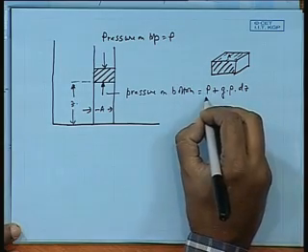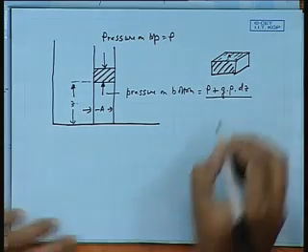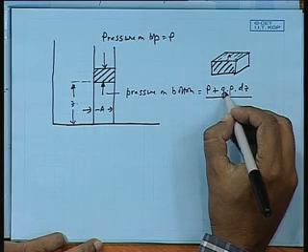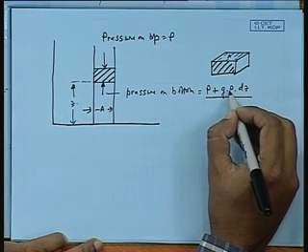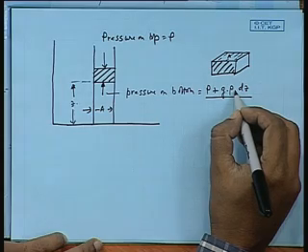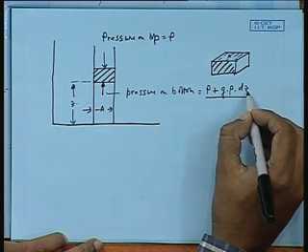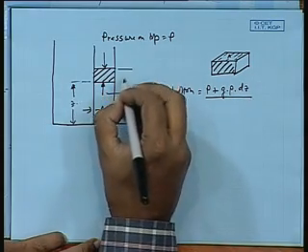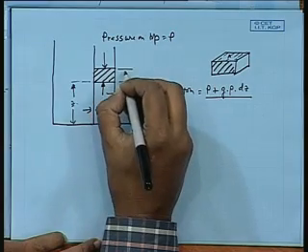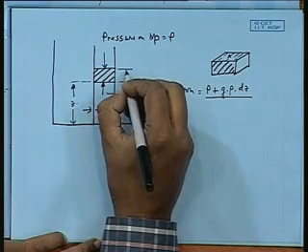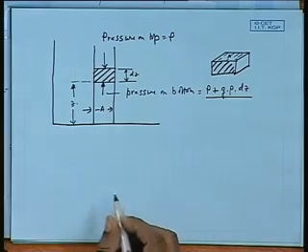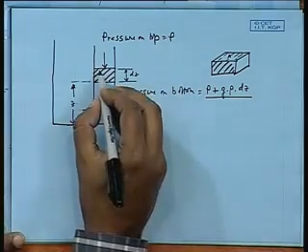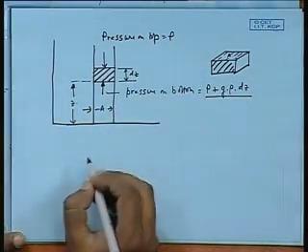Here, g is the acceleration due to gravity, as you know, rho is the density, and dz is a particular part of the column.